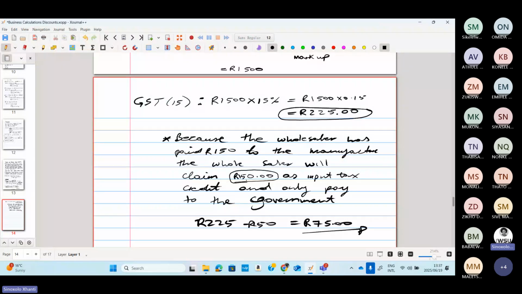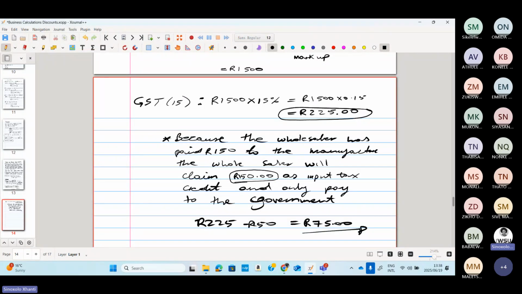And they will claim it as input tax credit. So this is what I actually mean by input tax credit. They will say, this 150 belongs to me because I've already paid so much, so I have to claim a portion of what I have paid.